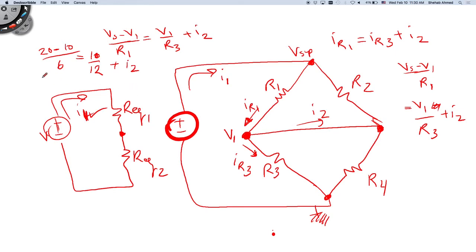So that's how they found I2. So 20 minus 10 over 6, equals 10 over 12 plus I2. Is this what they got?